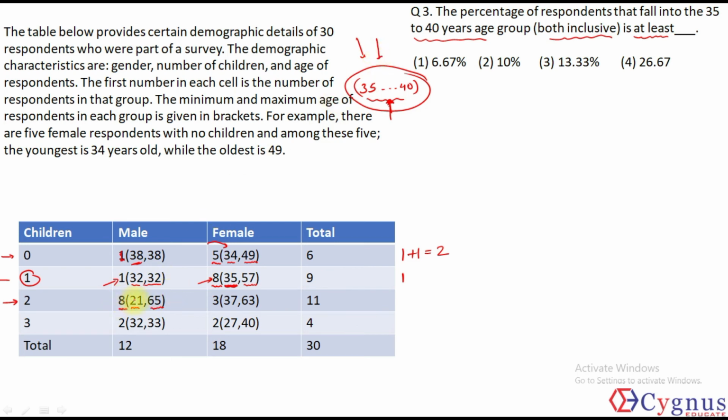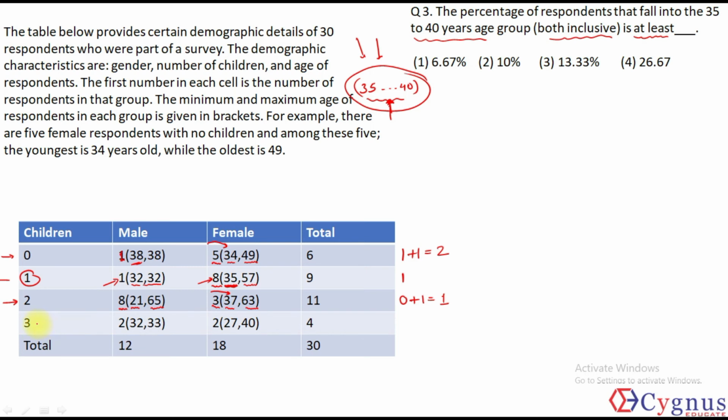Out of these 8 people, some will be less than 35 and some will be more than 40 years old. So I'll take 0 males here. Plus 3 females are there. Their minimum age is 37, maximum 63. So out of these 3 females, one female will be 37 years old and the remaining 2, I'll assume, are more than 40 years old. So I'll get one female from here. So number of people will become 1.